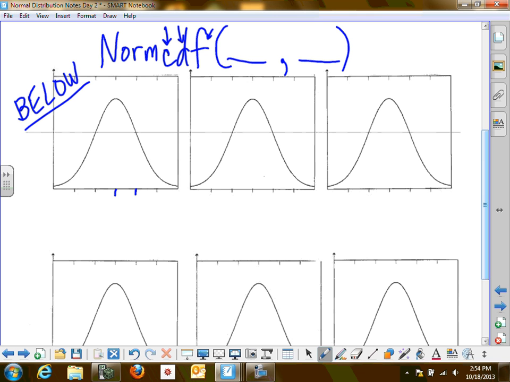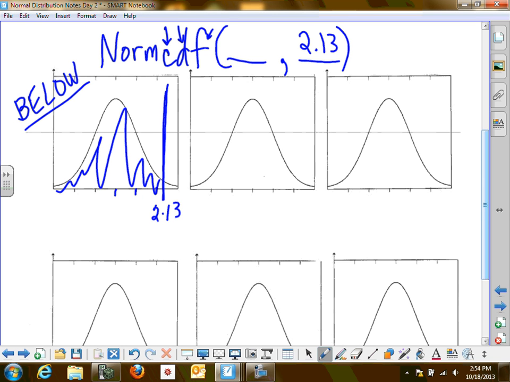So, I want to go below 2.13, then I want that to be the highest z-score. So that is the one on the right side of the parentheses. And then what is the lowest value of going down to negative infinity? Now we have to simulate negative infinity because there is no negative infinity button.